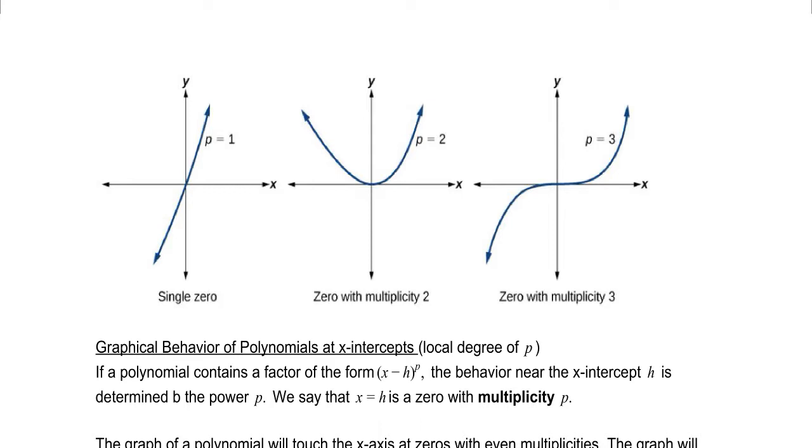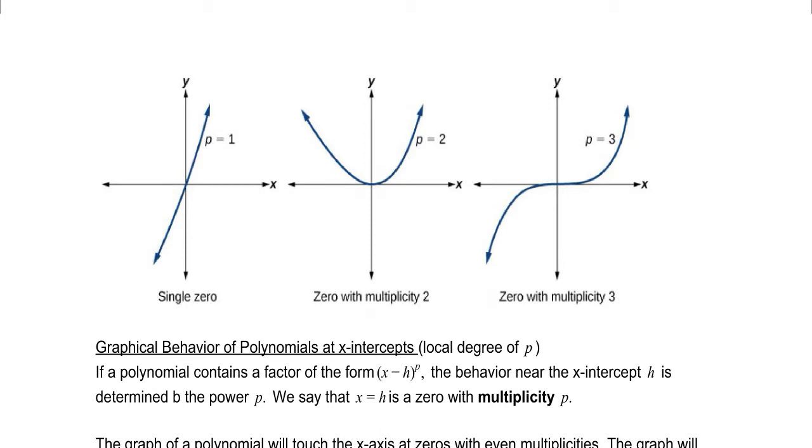If the factor has a degree of 1, then it's going to look like this. It's going to cross at that point h. If it has a multiplicity of 2, that is, if it's an x minus 2 squared or something of that nature, then at that point h, it's going to act like a quadratic, looking like a quadratic locally, very close to that. If we have a degree of 3, it's going to look like a cubic.